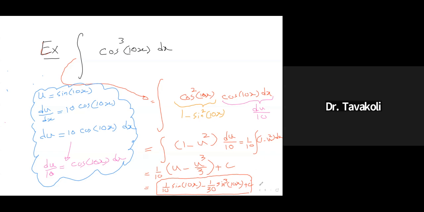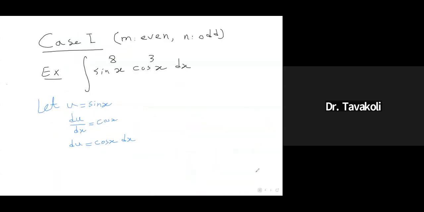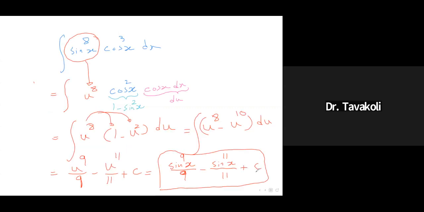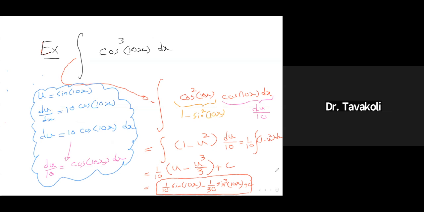Okay, these two examples belong to case one, that power m is even and power n is odd. The power of sine is even and the power of cosine is odd. Case two is kind of converse to case one.